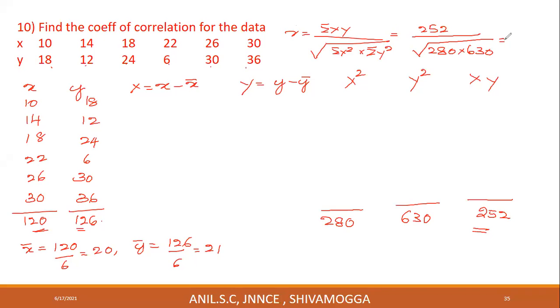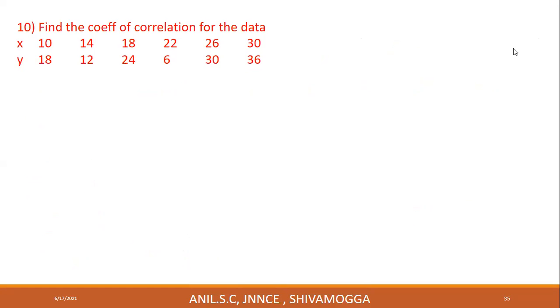Calculate this. 0.6, that must be correct. This r always lies between -1 and +1. 0.6 lies between the same interval -1 to +1, closed interval, end points are included. R is equal to 0.6. You make a note of this.